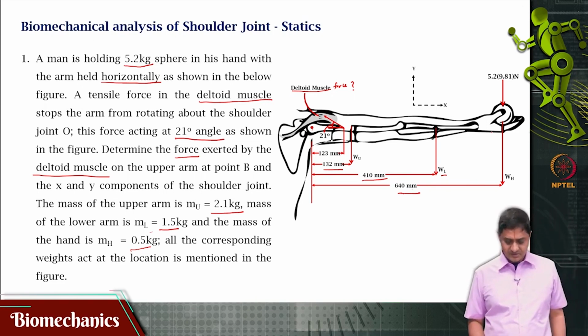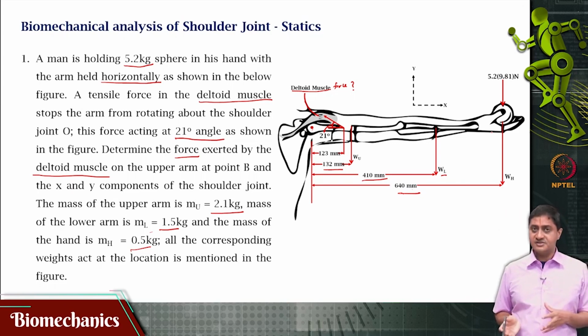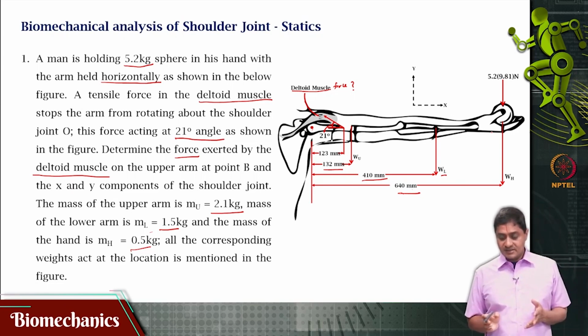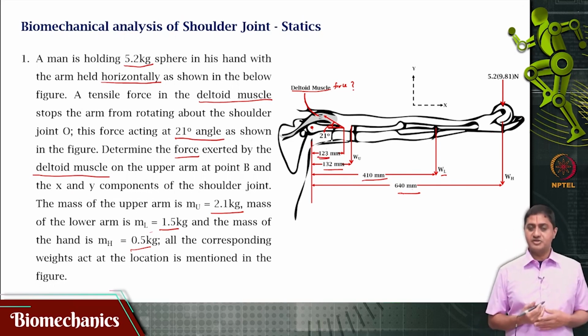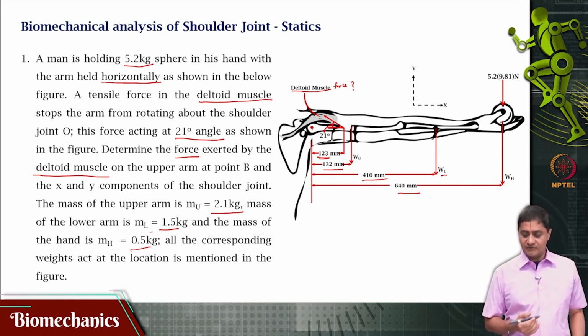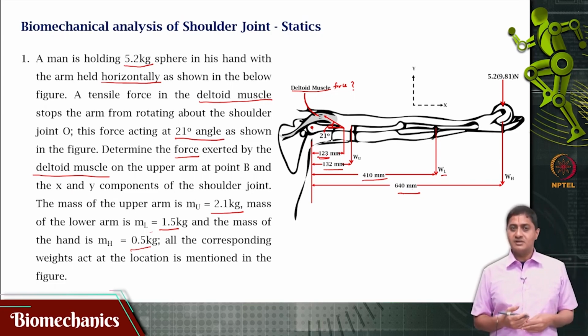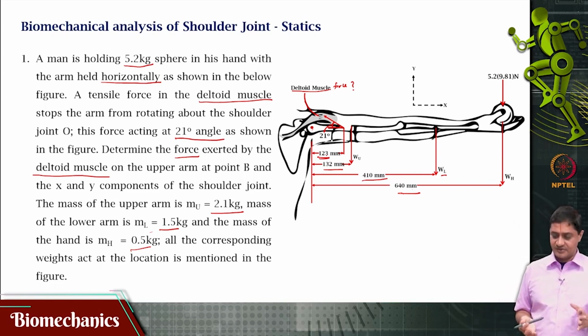Now, given that these are all the forces acting and these are the distances at which they act, and I know that the deltoid muscle is inserting at a distance of 123 mm from the joint and its force is acting at an angle of 21 degrees to the horizontal, can you tell what is the force produced by the deltoid muscle? This is all we need to know.